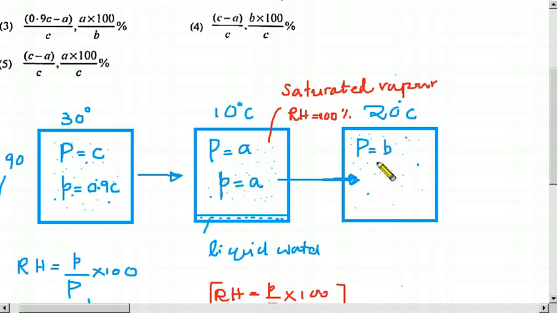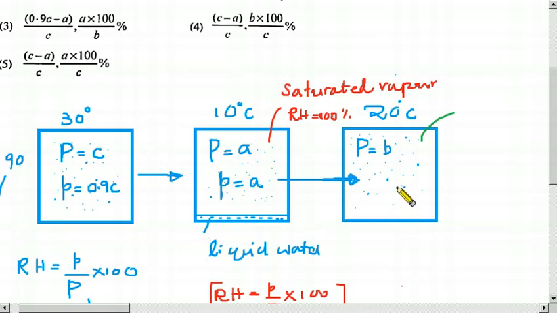So the vapor is the same, but it is not saturated here. Here it is not saturated, because the liquid water here you can't see, because the liquid water was removed right here. So here no liquid water.